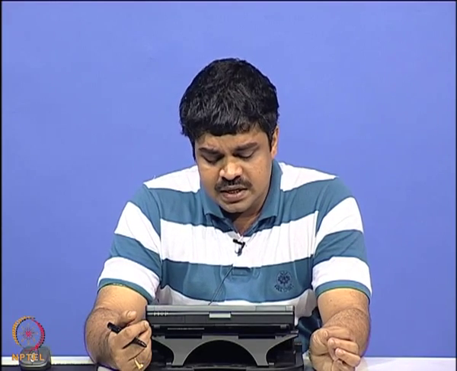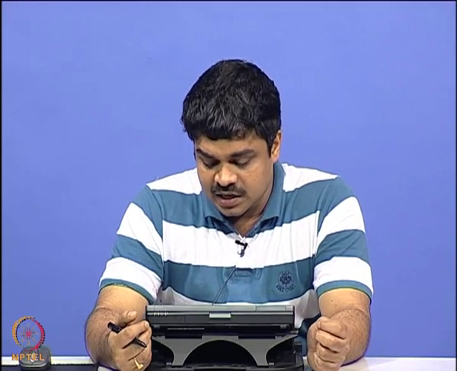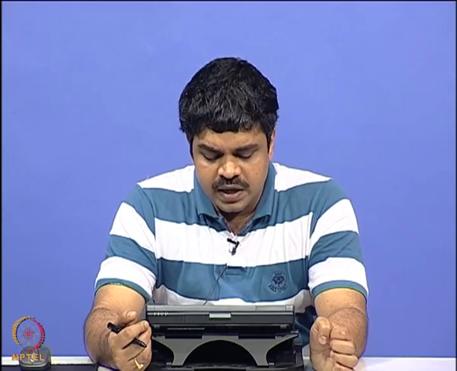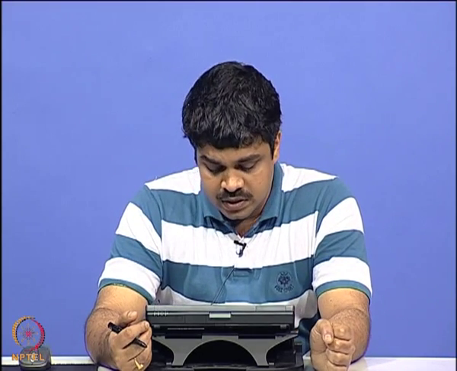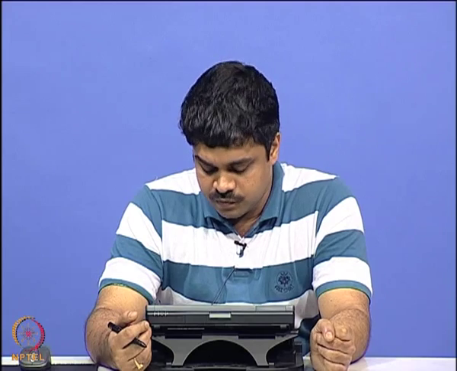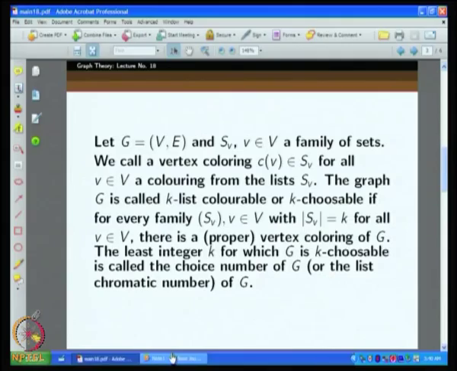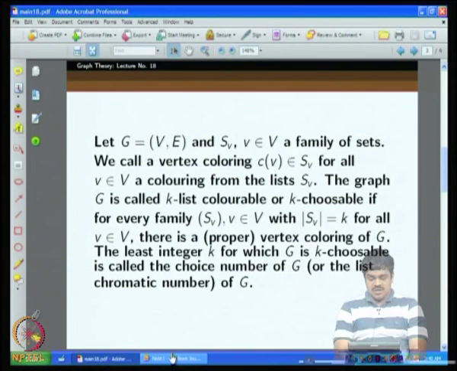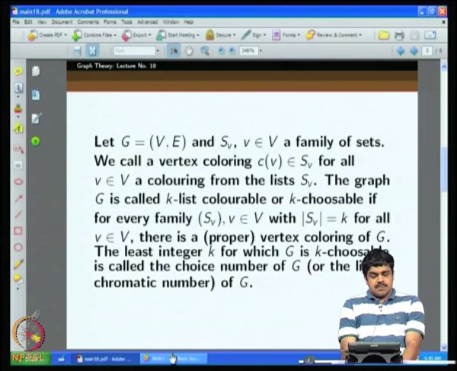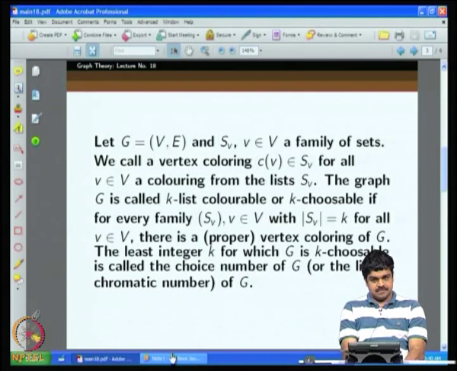Then we will say that a graph G is k list colorable or k choosable if for every family of lists S_v with the cardinality of each list equal to k, there is a proper vertex coloring of G from the lists. See, the point here is the list can be anything, but the only thing we know is each vertex has a list with at least k colors in it.